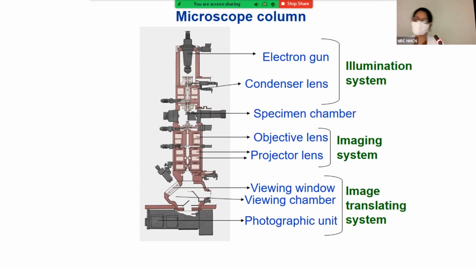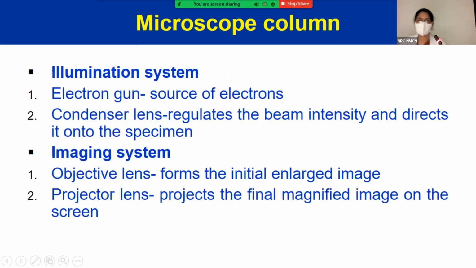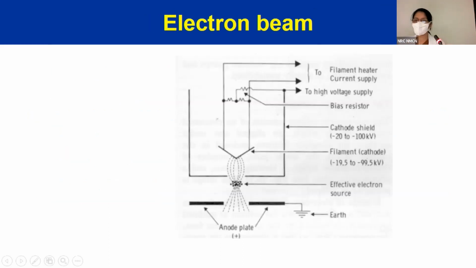Then you have the condenser lens, a specimen chamber where the specimen is kept, and different sets of lenses. And lastly, you have the viewing chamber. So we have an illumination system, that is the electron gun and the condenser lens, and the imaging system. And this is the electron beam which comes from the tungsten filament, which acts as a cathode.